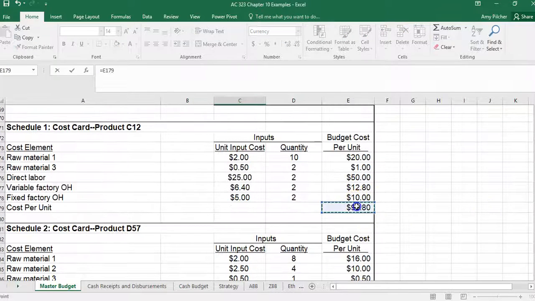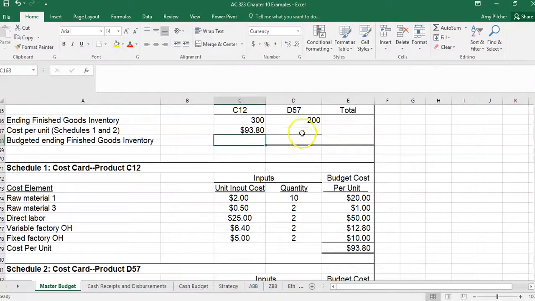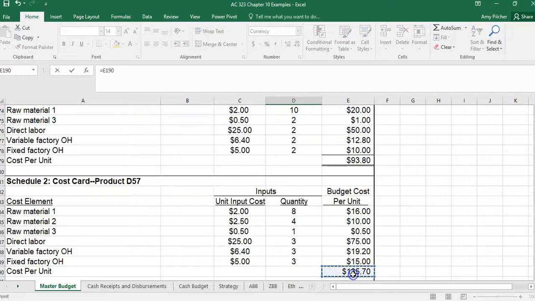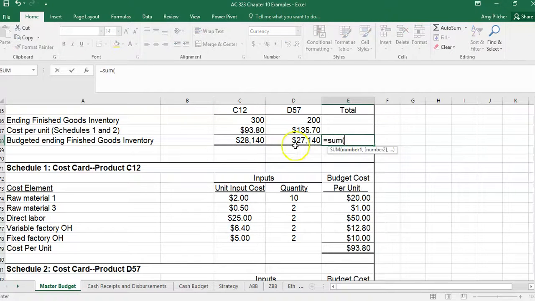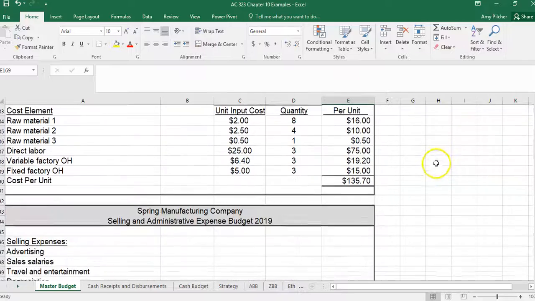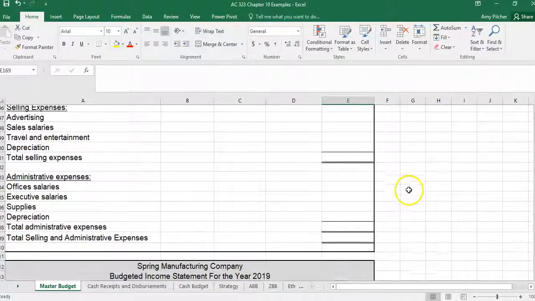We have our cost totals. And that is the total of our ending finished goods inventory.